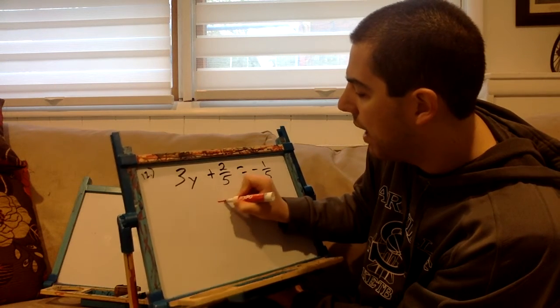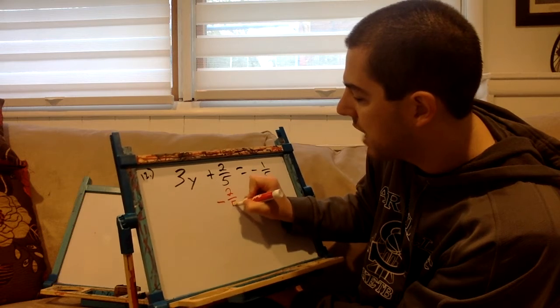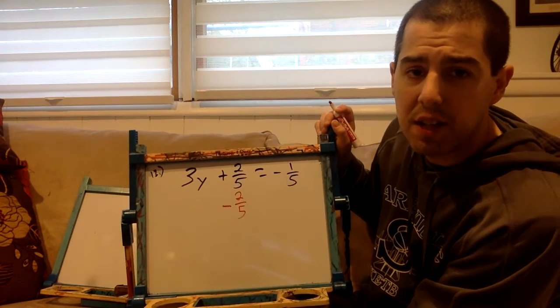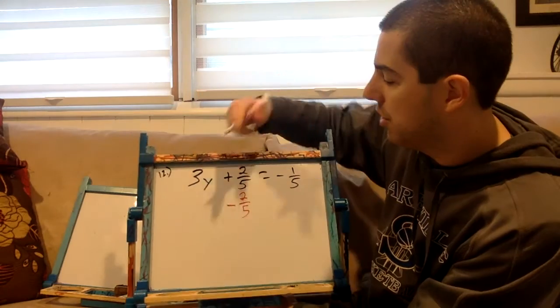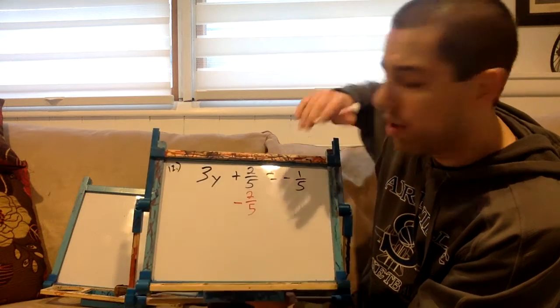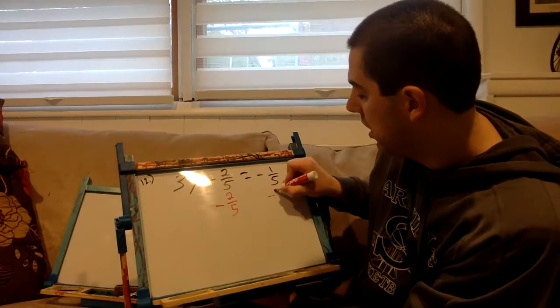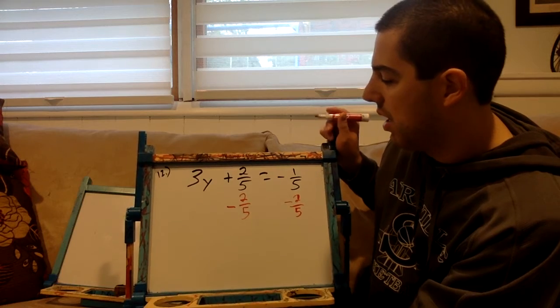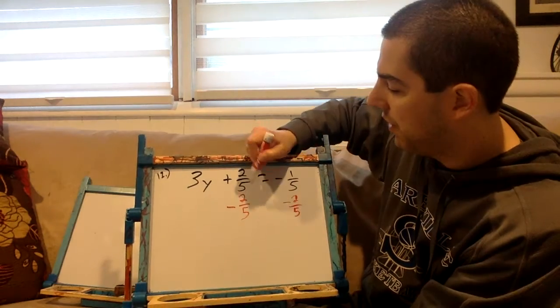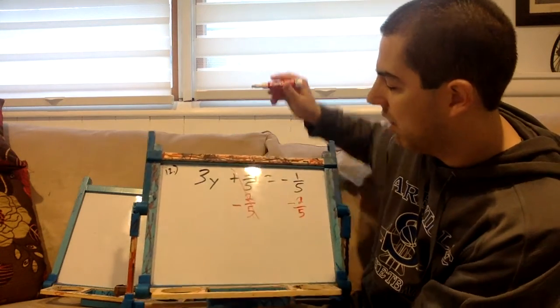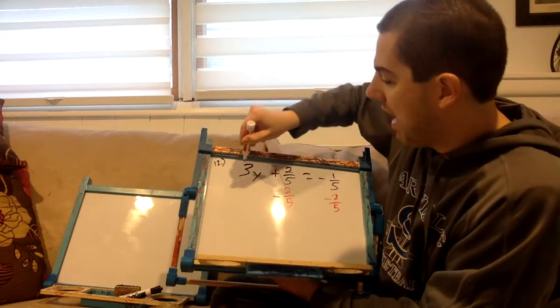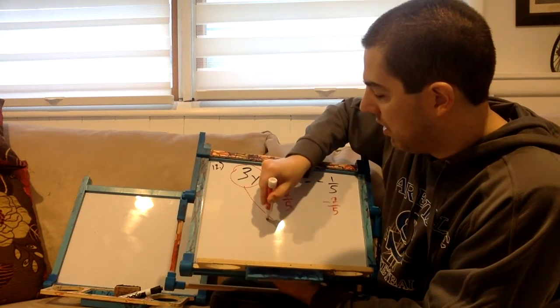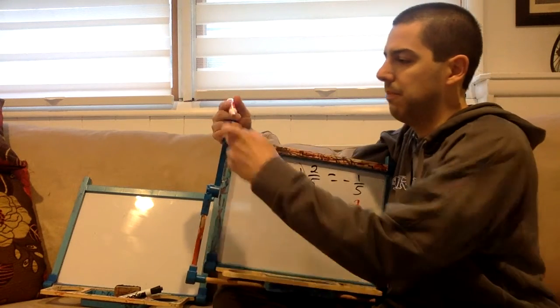So you undo a positive 2/5 with its opposite, a negative 2/5. And I have to keep my equation balanced. Whatever I did on the left side, I have to do to the right side. So I'm going to put minus 2/5 on this side also. On the left side, positive 2/5 and negative 2/5 equals 0. They cancel each other out, and this allows me to bring down the 3y.